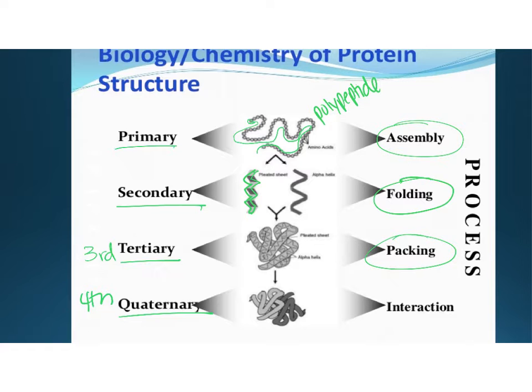That packing is done in the tertiary step of protein structure. And then we get more than one of these packed proteins that come together. Here you can see one packed protein is interacting with another packed protein. This interaction is the quaternary structure, and that's when the protein begins to do its actual job.